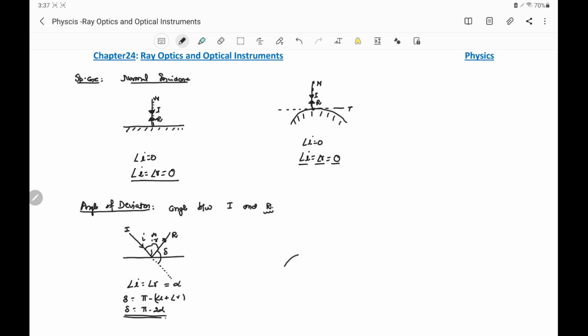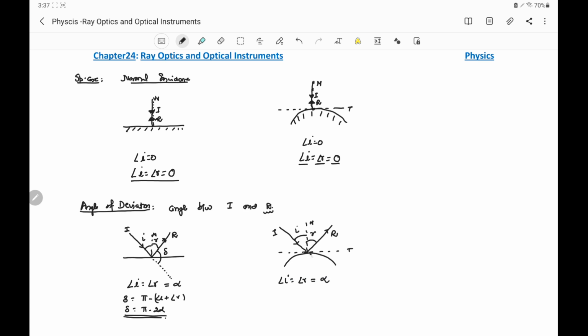Similarly, if the surface is a curved surface, then here it is the tangent and n is the normal. A ray is incident at an angle of I, and it gets reflected into the same media with angle of reflection R. Angle I equals angle R as per the law of reflection, and suppose it is equal to alpha.